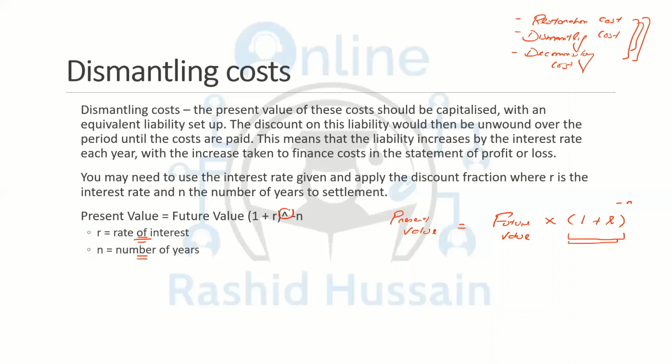You press that, and then minus n, the number of years, for example 5 or 10. It gives you a 0 point something figure, for example 0.926, 0.825, 0.728. You just take 3 decimals. So present value equals future value times (1 plus r) raised to power minus n.